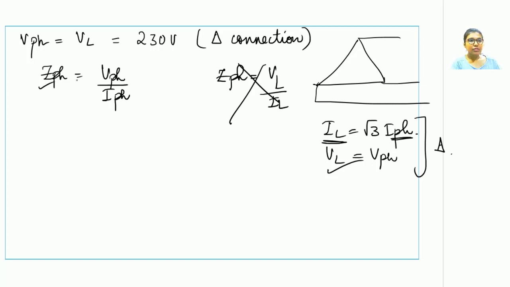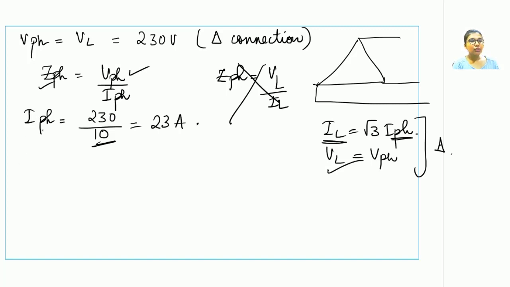So the value of Z phase is known to us, V phase is known to us. From here we can find out the value of I phase. And one will be using only the magnitude of the Z phase. In the three-phase numericals, none of the voltage and current parameters will carry the angles. The angle will be carried by the phase impedance. So it comes out to be 23 amps.